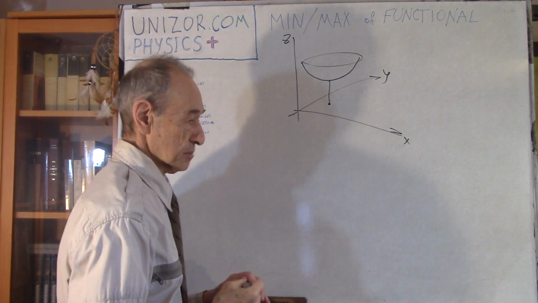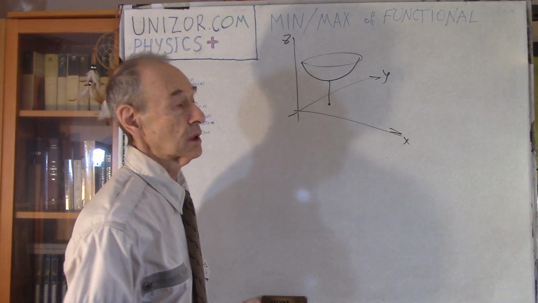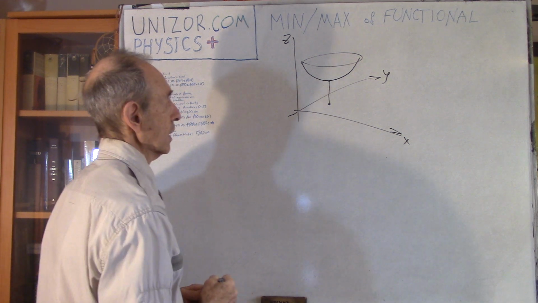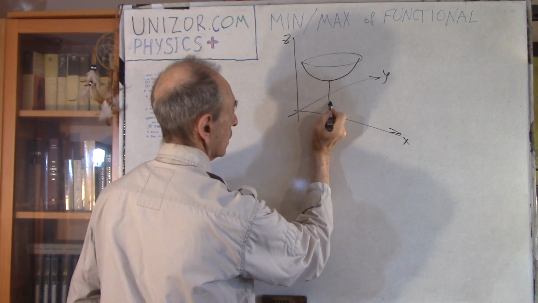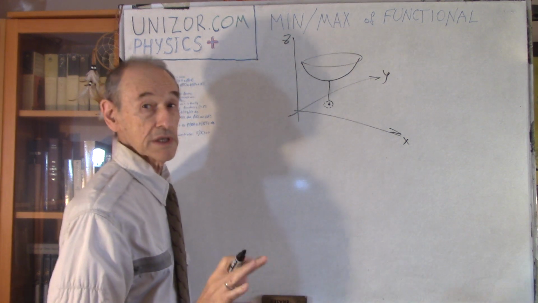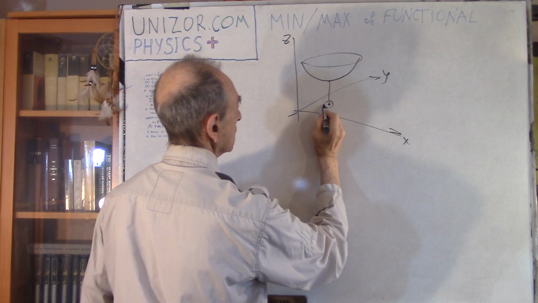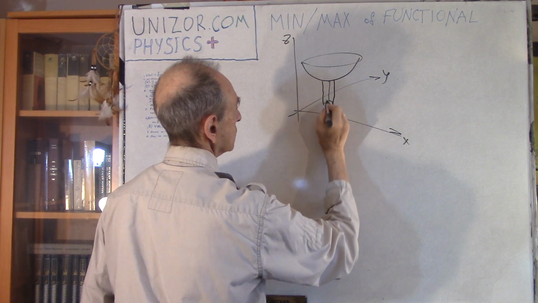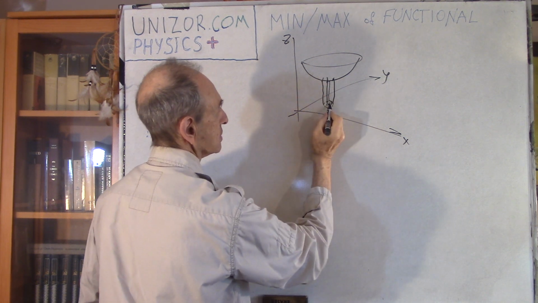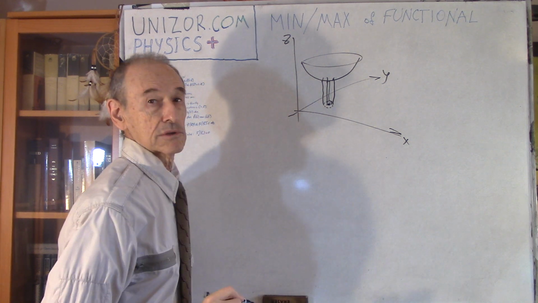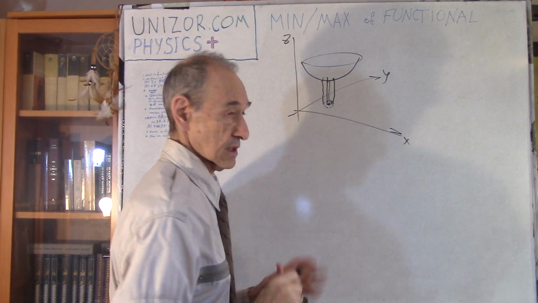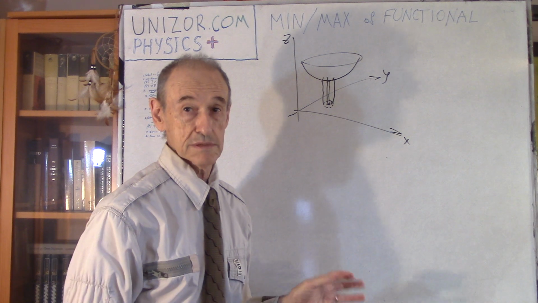But what does it mean that this is a local minimum, mathematically speaking? Well, we can define it in a very simple way. If we go to a very small neighborhood of this point, and we will talk about what is a small neighborhood, then from any point, if you take the value of the function, it will be greater than the value in the center of this small neighborhood. Okay, now everything is great except small neighborhood. What is a small neighborhood?